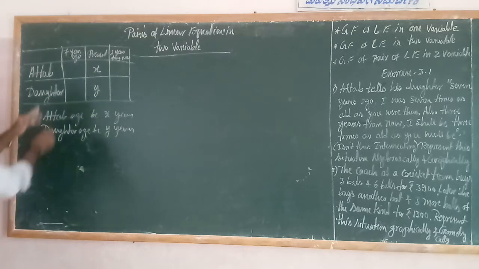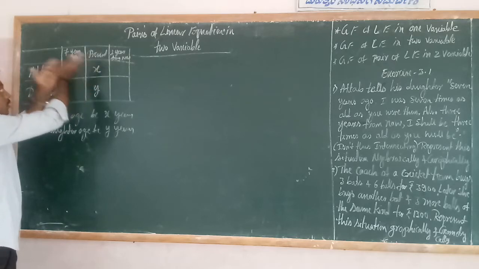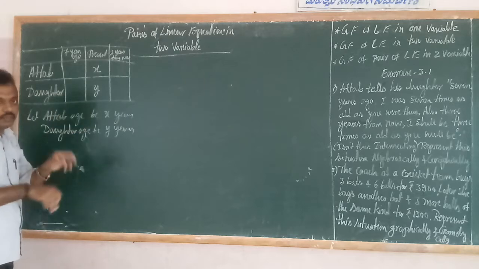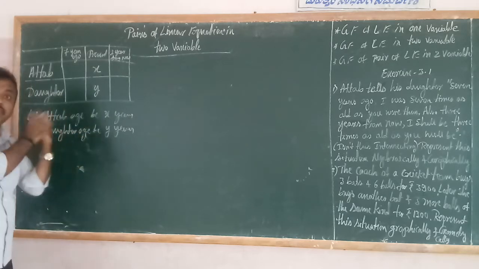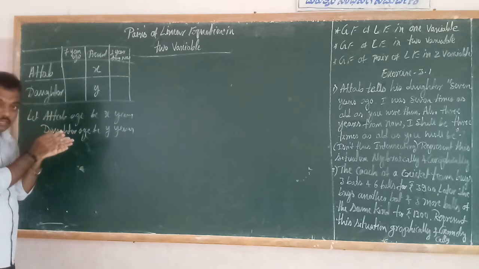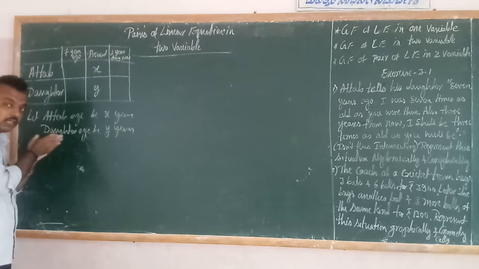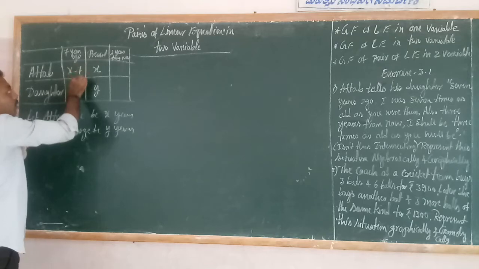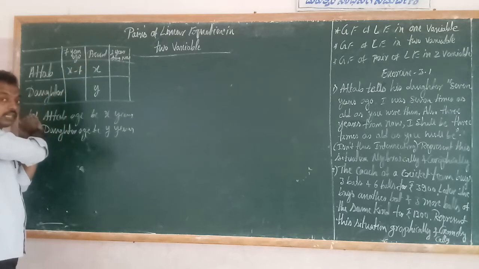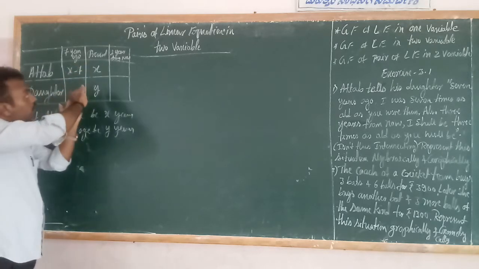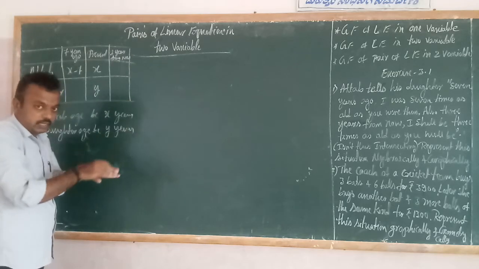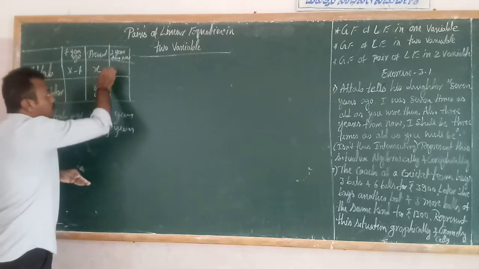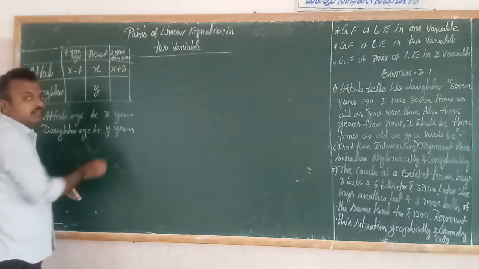Now students, suppose Aftab's age is 50 years. Seven years ago, is it 50 years only? No, 7 years ago means in the past, so it reduces. Therefore x minus 7, correct? Then 3 years after, is it x years only? No, 3 years after means 3 years is added. So x plus 3, correct?